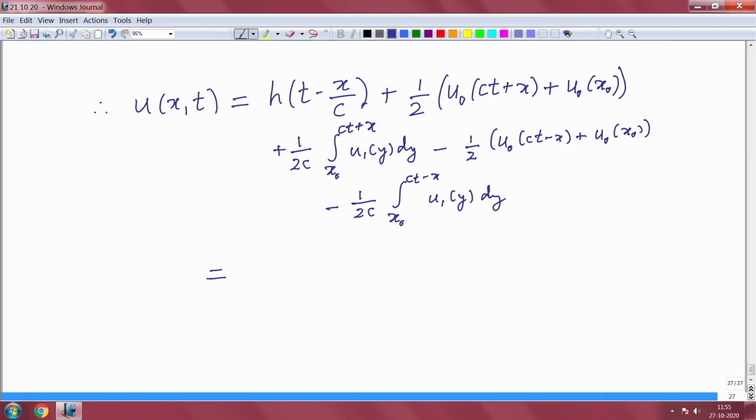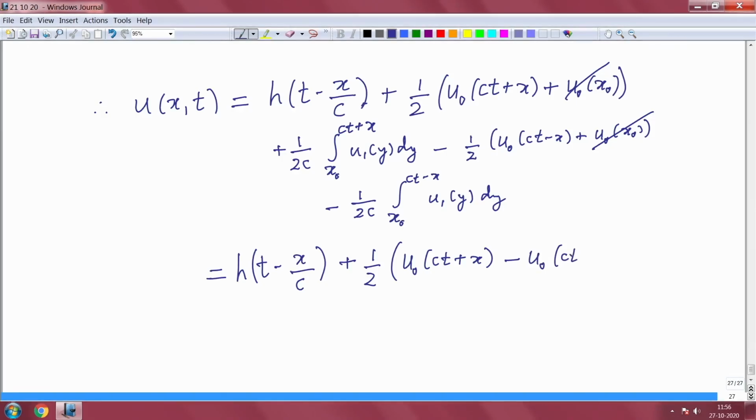The half u 0 of x 0 has a minus half u 0 of x 0, so x 0 you can choose as any arbitrary point, and it does not influence the solution at all. So h of t minus x by c plus half u 0 of c t plus x. Now there is a minus here, so minus u 0 of c t minus x.